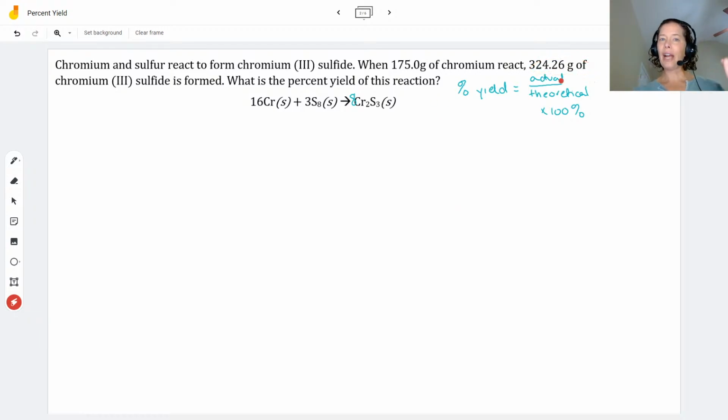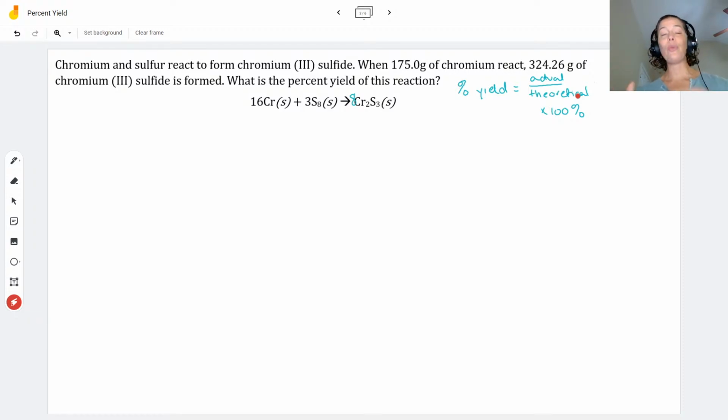Is it our actual yield or is it our theoretical yield? Well, in this case, because this is what is formed, this is our actual yield. So we have been given this numerator right here, which means to calculate our percent yield, we need to get a theoretical yield, or we need to figure out what you would predict just based on stoichiometry.